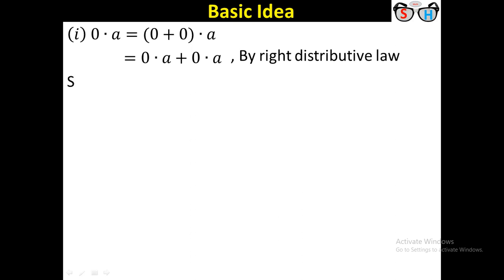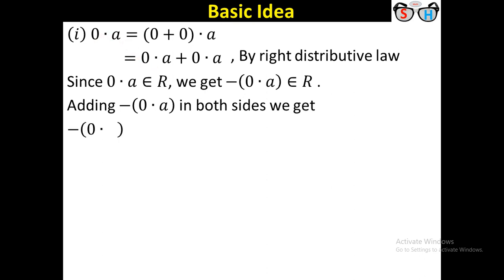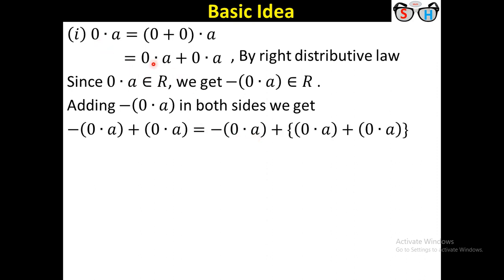Again, by a similar approach, 0 dot a belongs to R implies that minus 0 dot a is in R. Then we have to add minus of 0 dot a on both sides. Adding minus 0 dot a on both sides, we add minus 0 dot a and write this in a second bracket, and as per the previous portion, this will be 0, and the second bracket is shifted by the associative property.